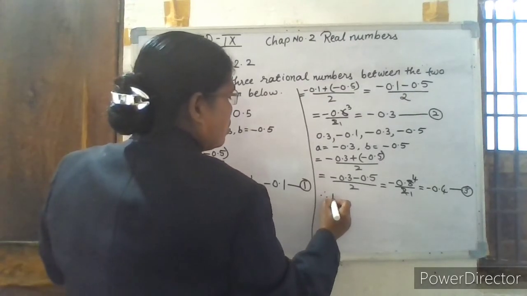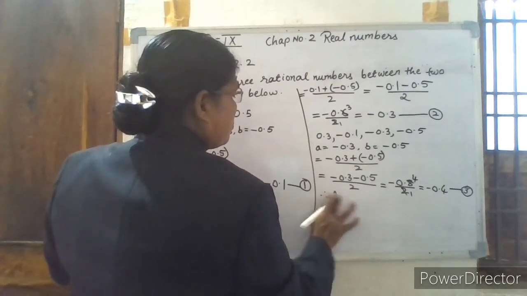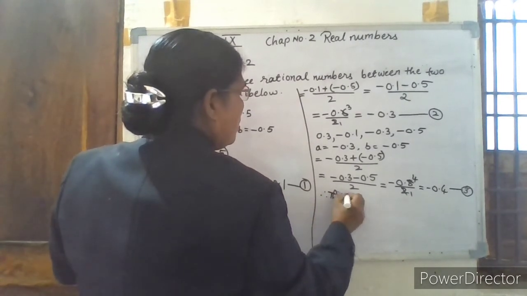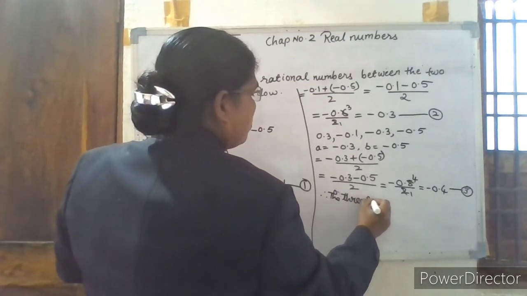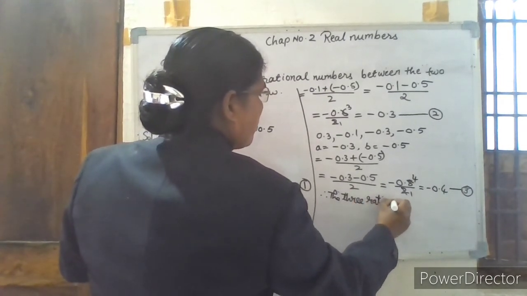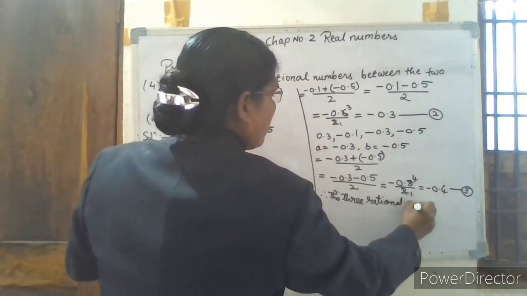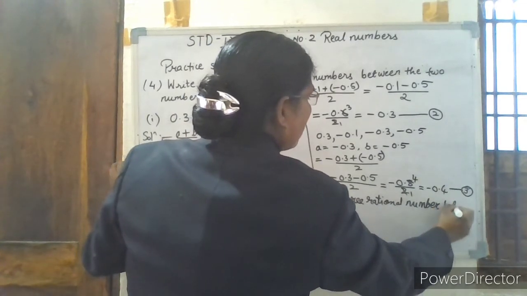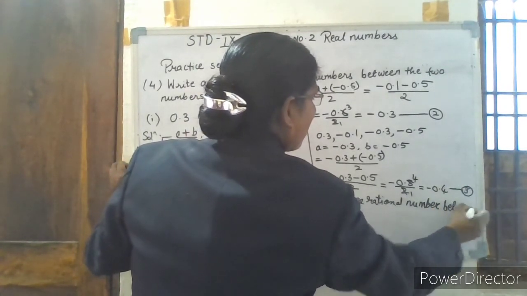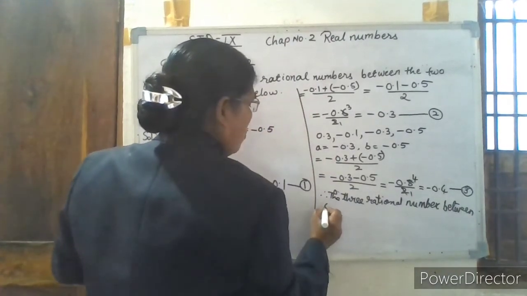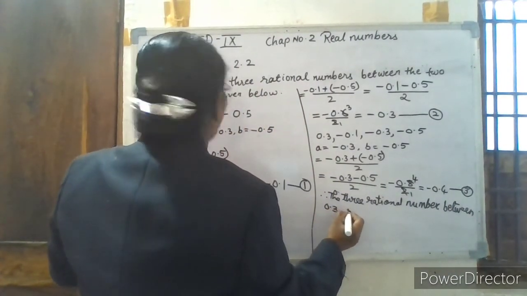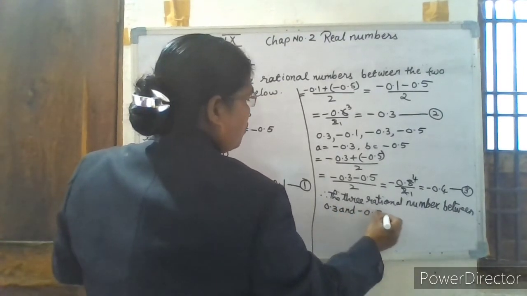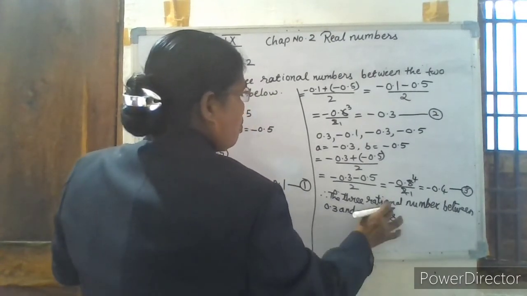Therefore, the three rational numbers between 0.3 and minus 0.5 are in this form.